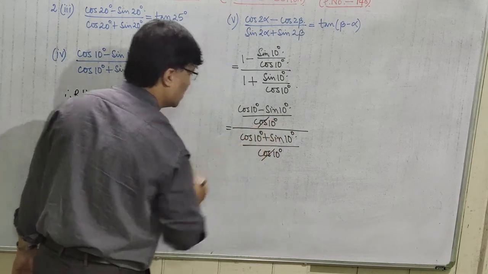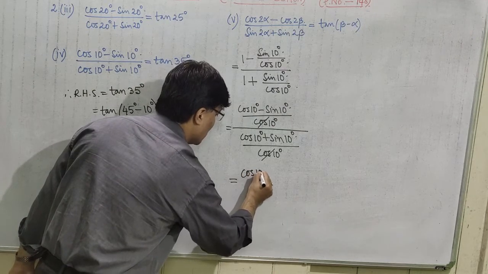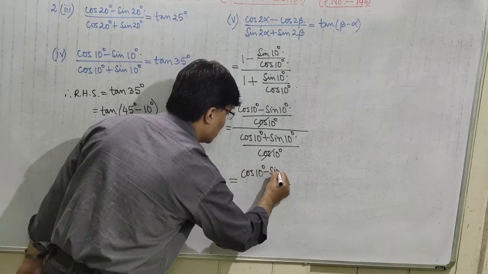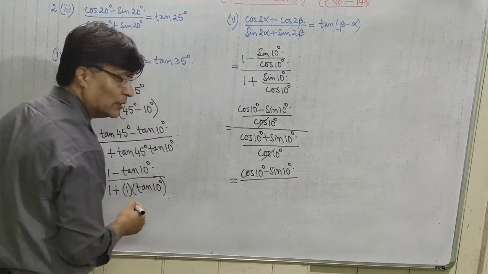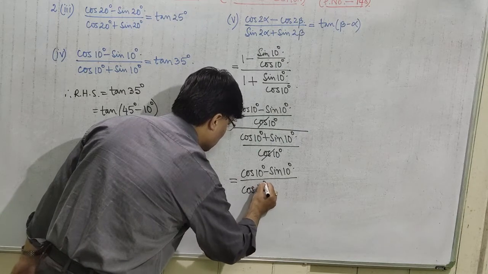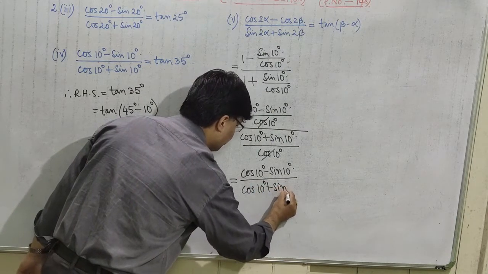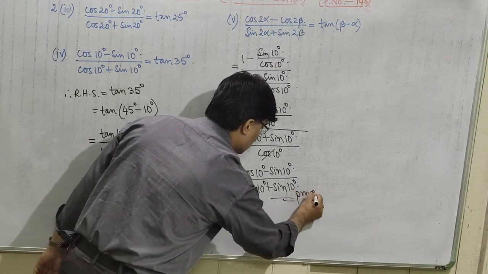So here cos 10 degree will be cancelled, which is equal to cos 10 degree minus sine 10 degree divided by, in the denominator, what do we write? Cos 10 degree plus sine 10 degree. That is proved.